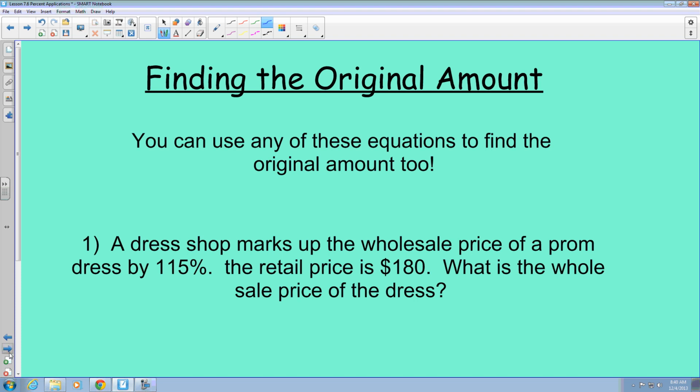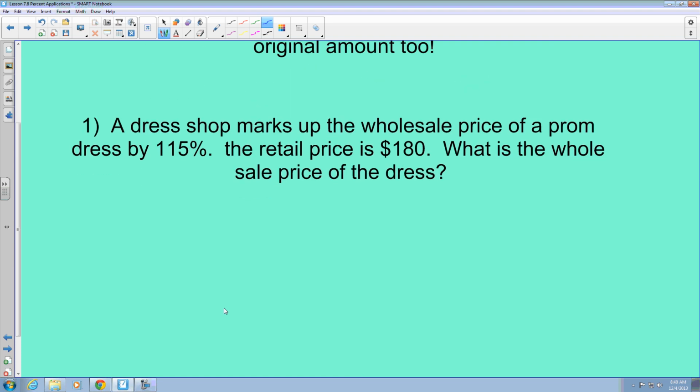Next one. It says a dress shop marks up the wholesale price of a prom dress by 115%. The retail price is $180. What is the sales price of the dress? So this markup here, they're telling you that it's marked up by 115%.